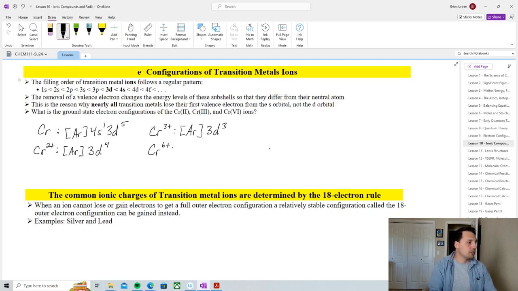And then chromium 6+ would remove those last 3 electrons to just give us argon. Okay, so this is why chromium has a lot of different properties, because it can form a lot of these different ions. And even the neutral atom has an interesting exception going on here.